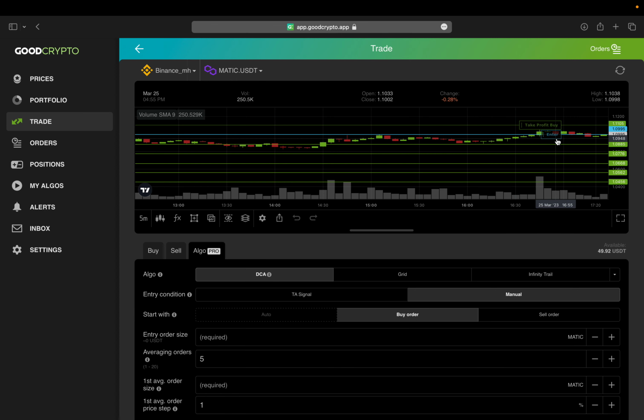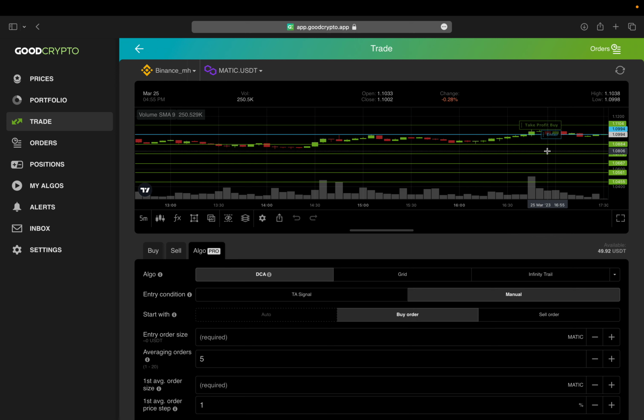You set the buy order here, and then you can set several so-called averaging orders that will be, in this case, placed lower. The purpose they serve is if you bought an asset here and the price goes against you, so it continues to fall, you will buy again here, and you will buy again here, and here, and here.